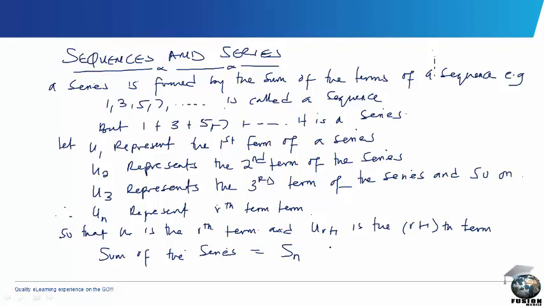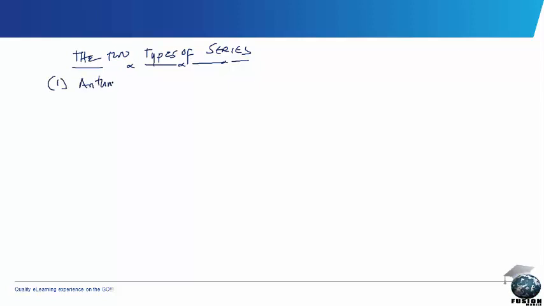There are two types of series. The two types of series we have are the arithmetic series and the geometric series. One, we have the arithmetic series, and number two, we have the geometric series.